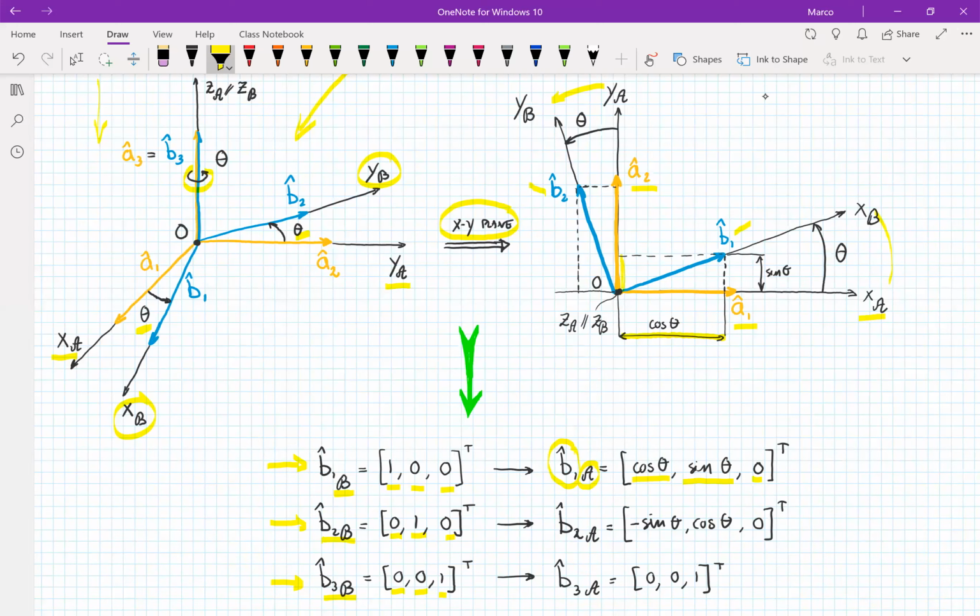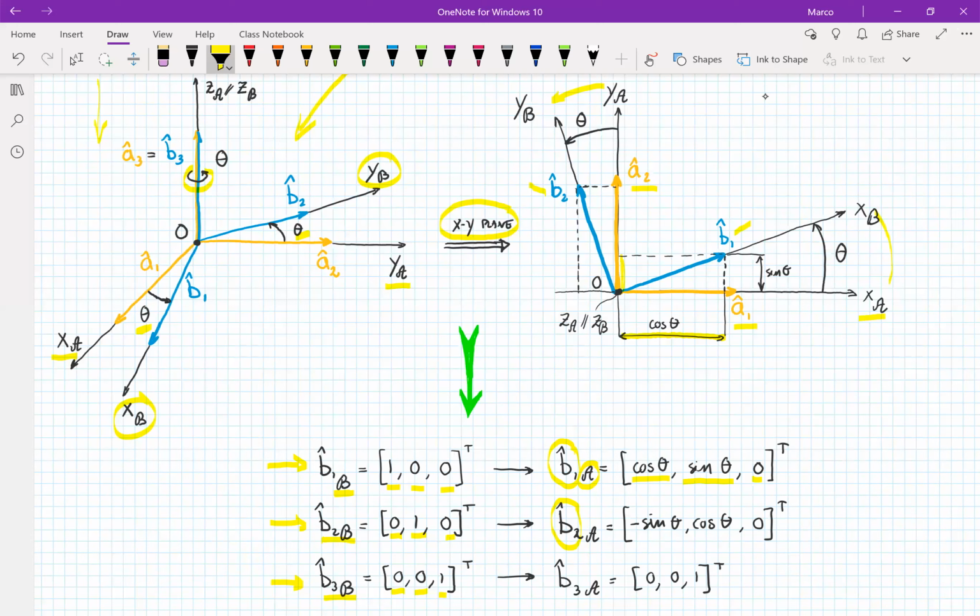Now let's take a look at the unit vector B2, or the versor B2. From the drawing, we look for the coordinates in the A reference frame of this versor.